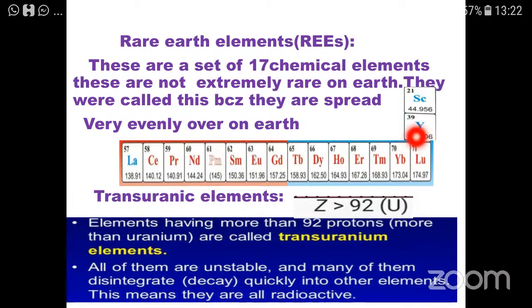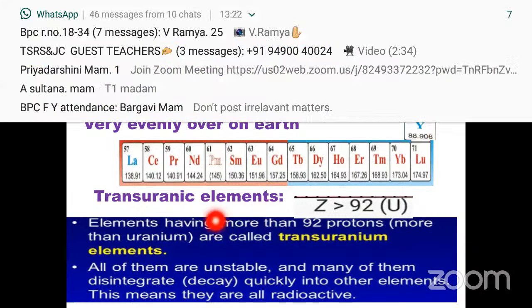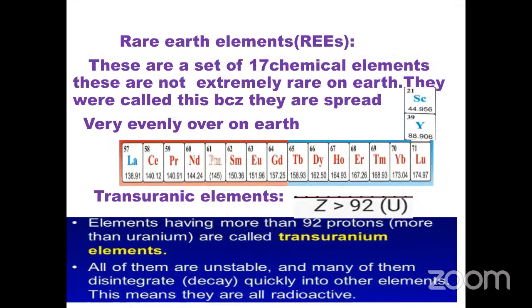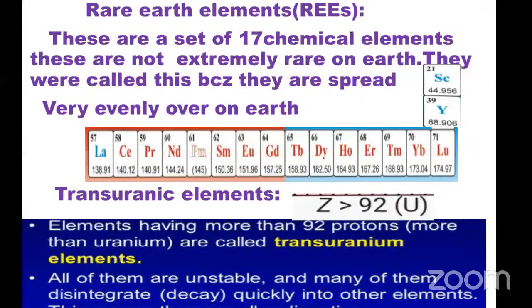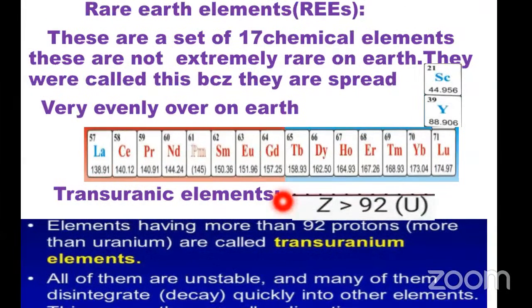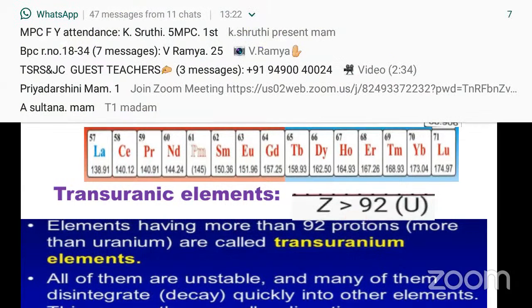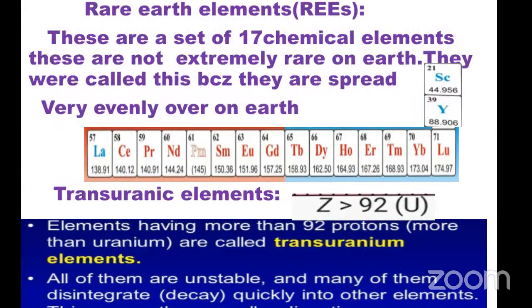And next goes to transuranic elements. What are the transuranic elements? Elements with an atomic number greater than 92, that means elements having more than 92 protons, are called transuranic elements.